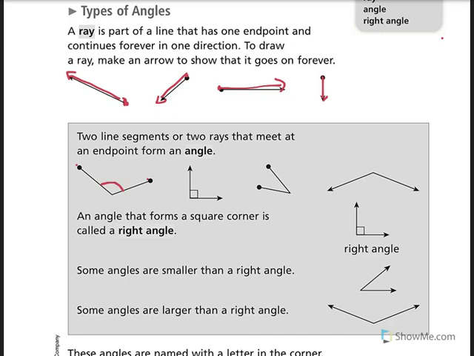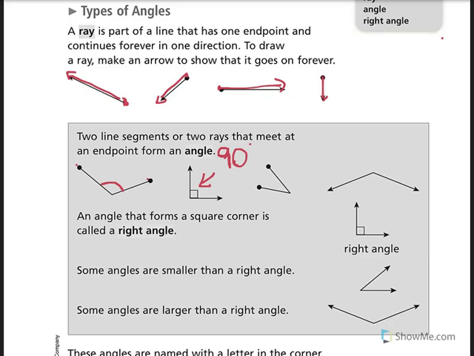This angle, it says right here, if it has a little square corner, like you could take a square or a piece of paper and line it up in the edge of that corner, it makes a right angle right there, which is 90 degrees. And we'll get into that later if you're like, what do you mean degrees? Don't worry. It's not temperature degrees. It's something else. But it's a 90-degree angle, or a right angle.